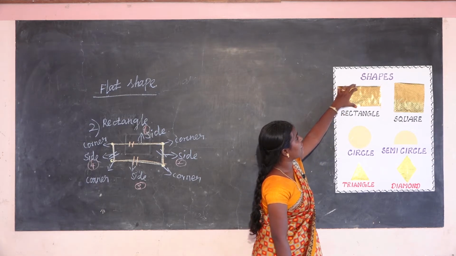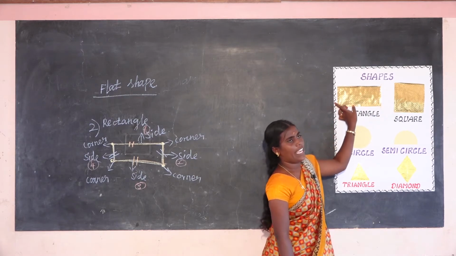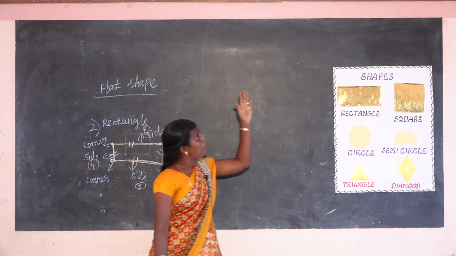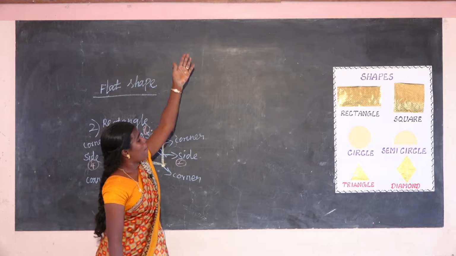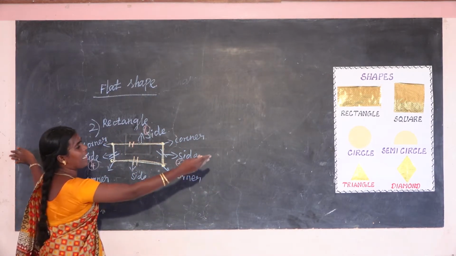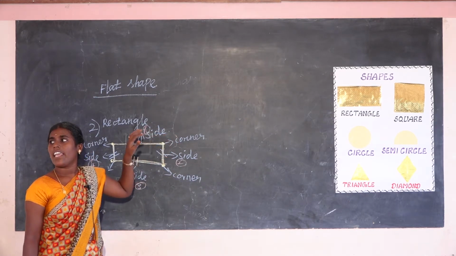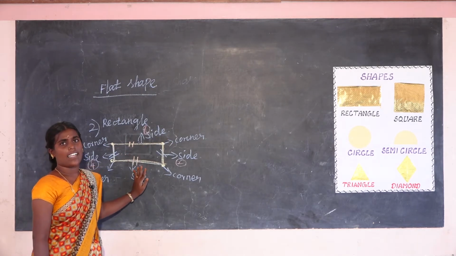See here, opposite sides are equal. You see the blackboard. Up and down lengths are equal. See here, left and right lengths are equal. So only opposite sides are equal for the rectangle.